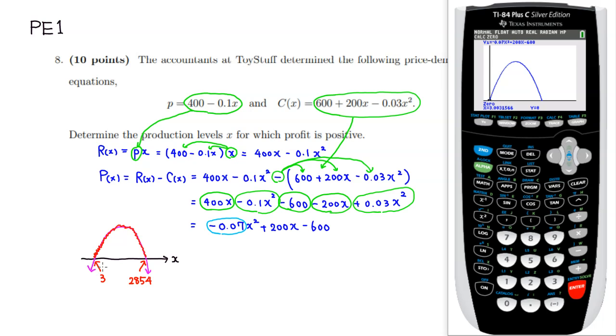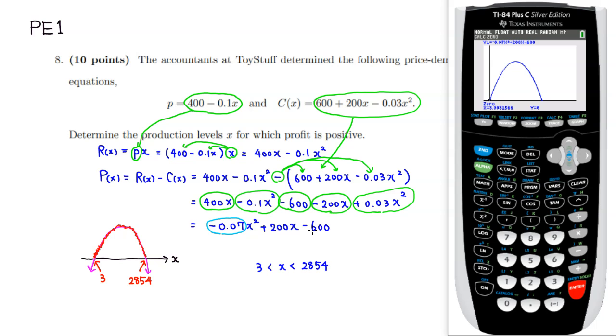So we want x to be between 3 and 2,854. The answer is x is between 3 and 2,854.